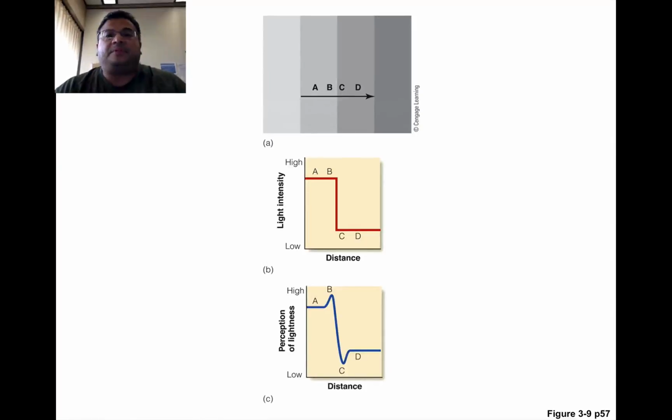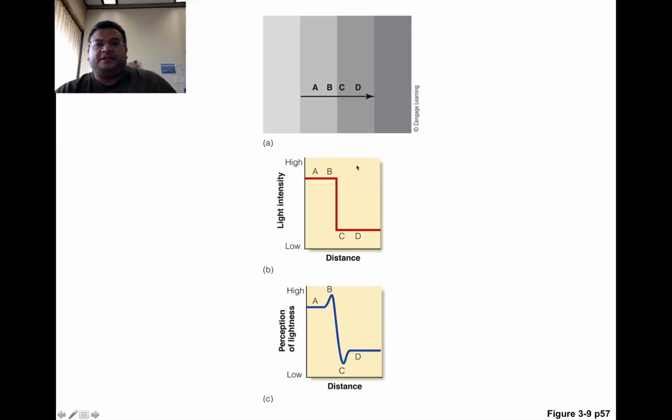Here's another example. If you look at this series of squares, or I'm sorry, rectangles going from light gray to dark gray, and you pick 4 points on this rectangle: point A, point B, point C, and point D. Physically, this is what the intensity is.